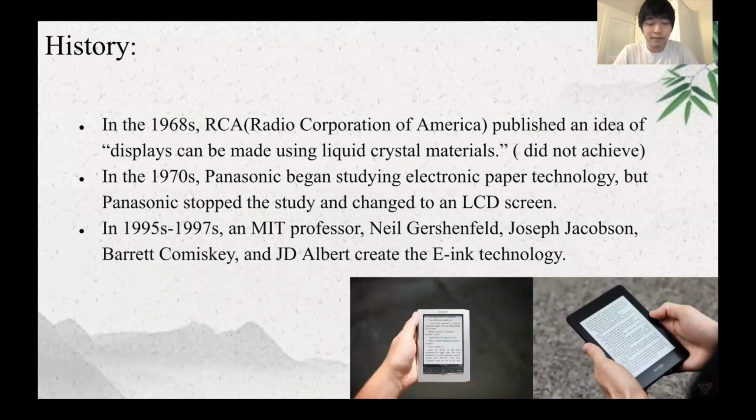A little bit of history about the e-reader display. In 1968, RCA, the Radio Corporation of America, published an idea of a display that used liquid crystal materials, which were later referred to as electronic ink. Then in the 1970s, Panasonic began studying electronic paper technology, but they abandoned the research because they thought the LCD screen had more features than electronic paper.